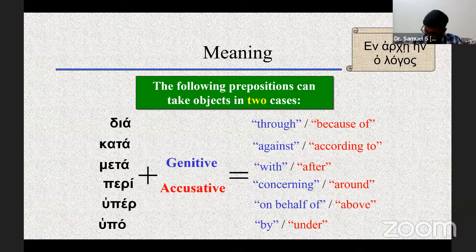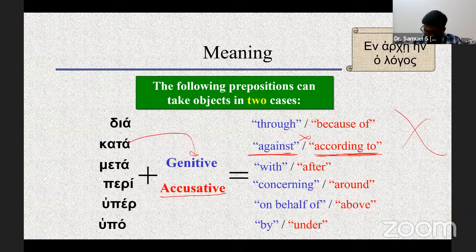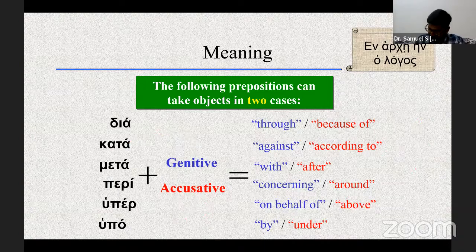Kata plus the accusative is according to. And again, it's almost opposite here, right? Kata plus genitive is against, going against. But kata plus accusative case is according to, in line with. See that wide semantic range that it has.